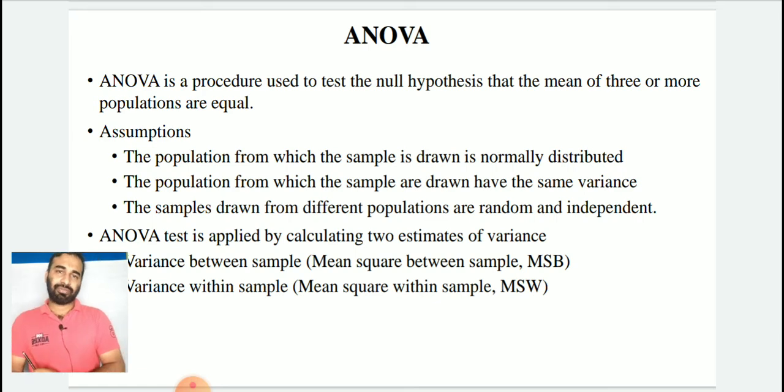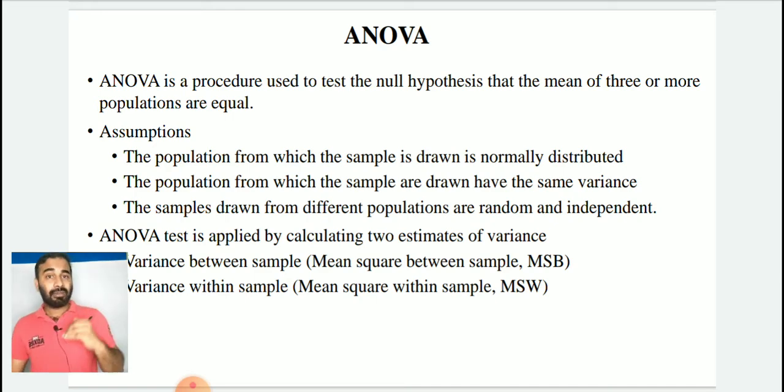What is the second use? This is the first use, to compare the variances. The second use is to compare the means of several groups or several populations, specifically more than two. If we have two samples, you can find the mean differences using the z-test and t-test, which we discussed: mu1 minus mu2.